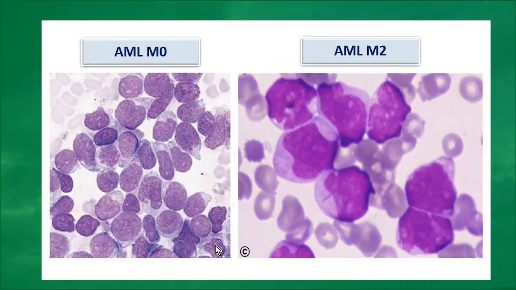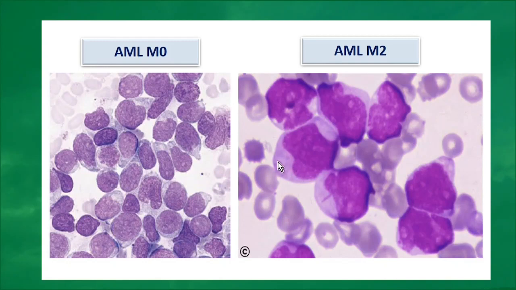These are the various morphological forms of myeloid cells, myeloblasts, according to FAB classification. The only thing which you have to look for here is that the myeloblasts are large cells.